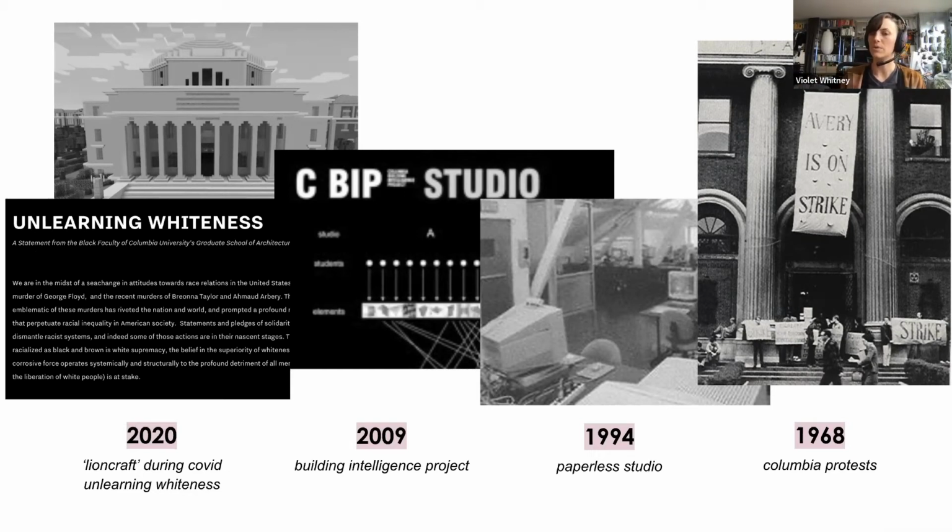I was super interested to discover this Avery is on strike image from the '68 protests over Vietnam and the proposed segregated gym, because it reminded me that history isn't happening somewhere else. It's happening right here, and for us it's definitely happening right now in our building or in our Zoom calls, and there's a duty we have to really shape it.